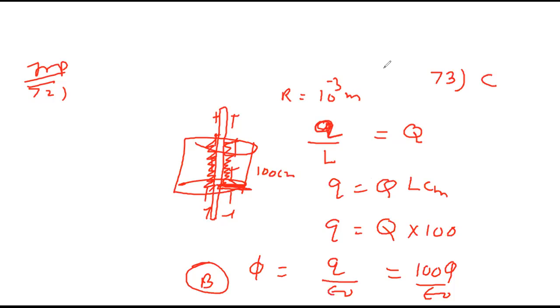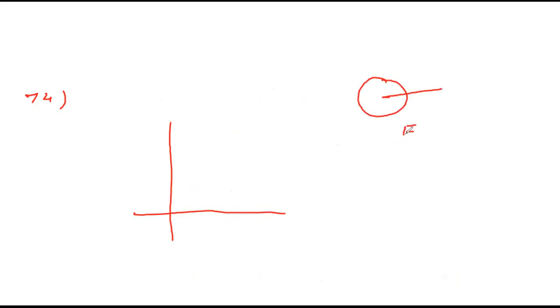74. Variation of electric field strength E with distance from the center of a conducting sphere. We know intensity from the center of a conducting sphere is 1 upon 4 pi epsilon Q by r square.